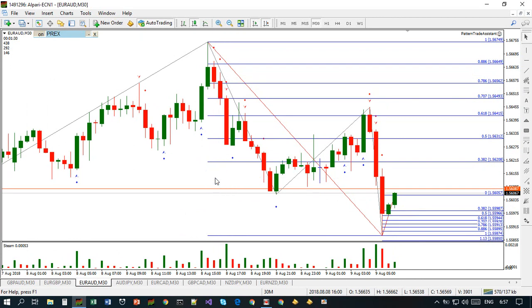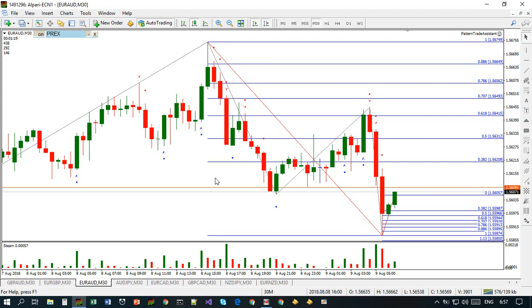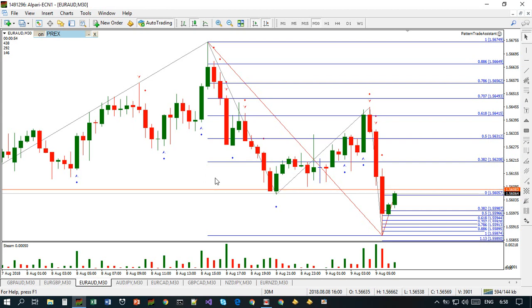You should keep in mind that we don't have volumes in Forex trading, because it is very difficult to calculate how many contracts were bought around the globe. We can calculate the futures, how many contracts were bought on this exchange, maybe on the New York exchange or somewhere else, but we cannot calculate how many contracts were bought all around the globe. What we have instead is the tick volume, how many positions were opened.